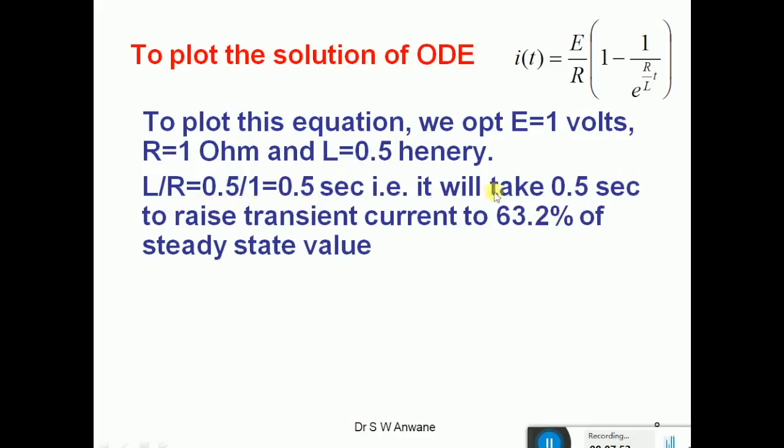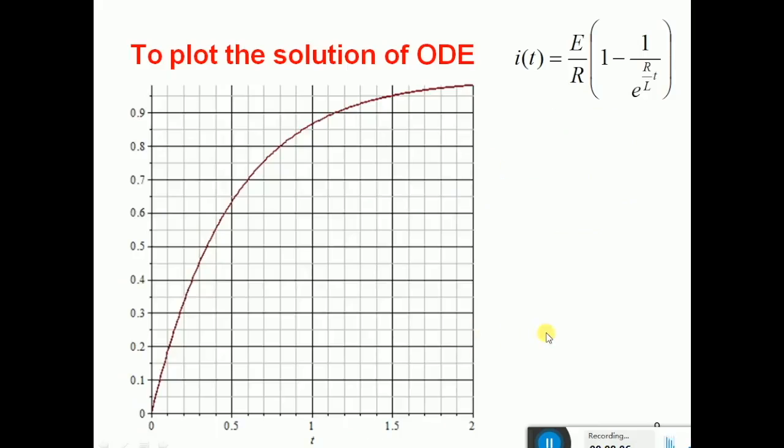So it means that it will take only 0.5 seconds for the transient current to rise to 63.2% of its steady state level. Now for these values of E, R and L we shall have a plot. This plot is developed in Maple, and you can see at 0.5 seconds 63.2% of the maximum value of the current we have reached.